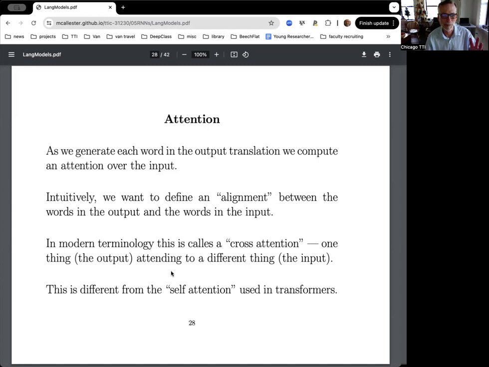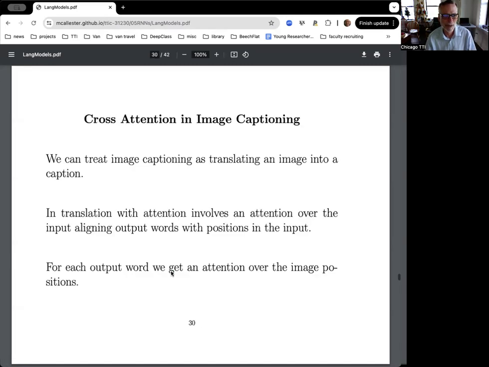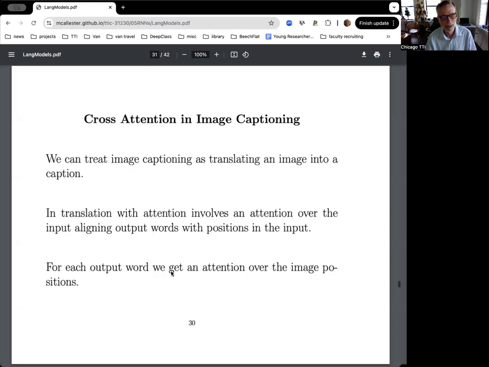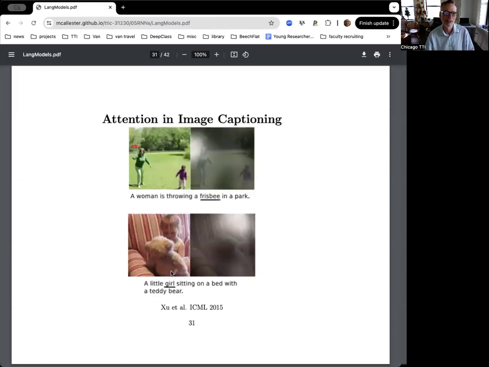And I'm going to sort of skip over the details of this, but it's worth pointing out that before the transformer, now we're talking 2015, almost 10 years ago, there's another translation problem, which involves images.